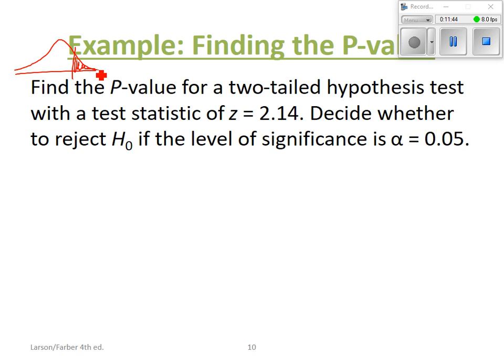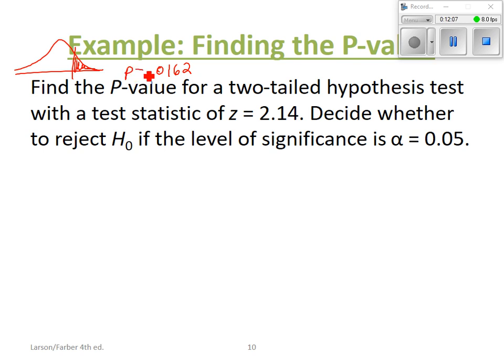So I just look here and go 2.14, which looks like 0.0162, I think. 0.0162. Somebody else is reading their chart there. You can help me out there to make sure I'm right. That's the area right here.